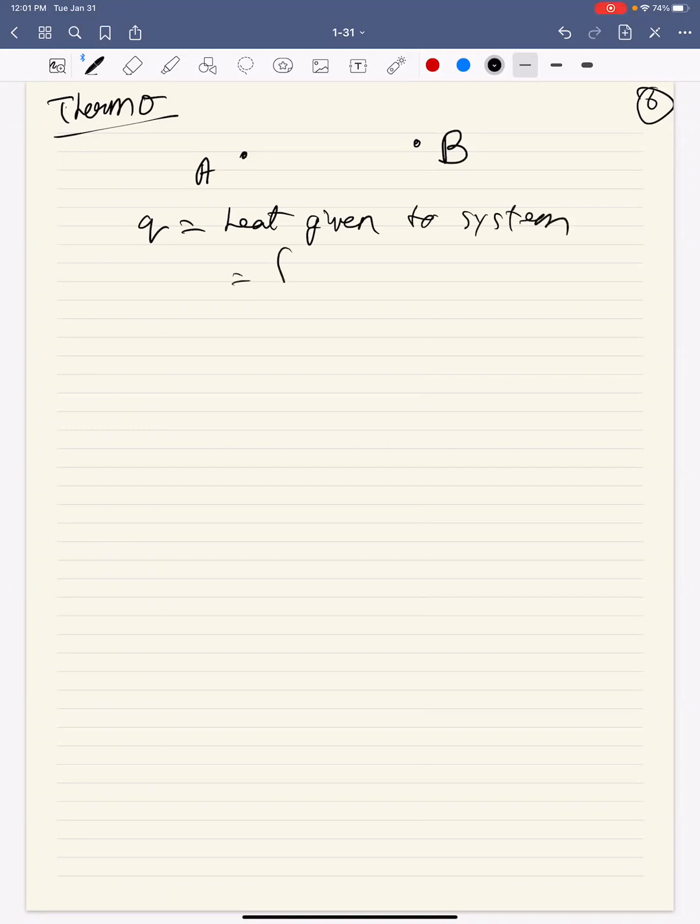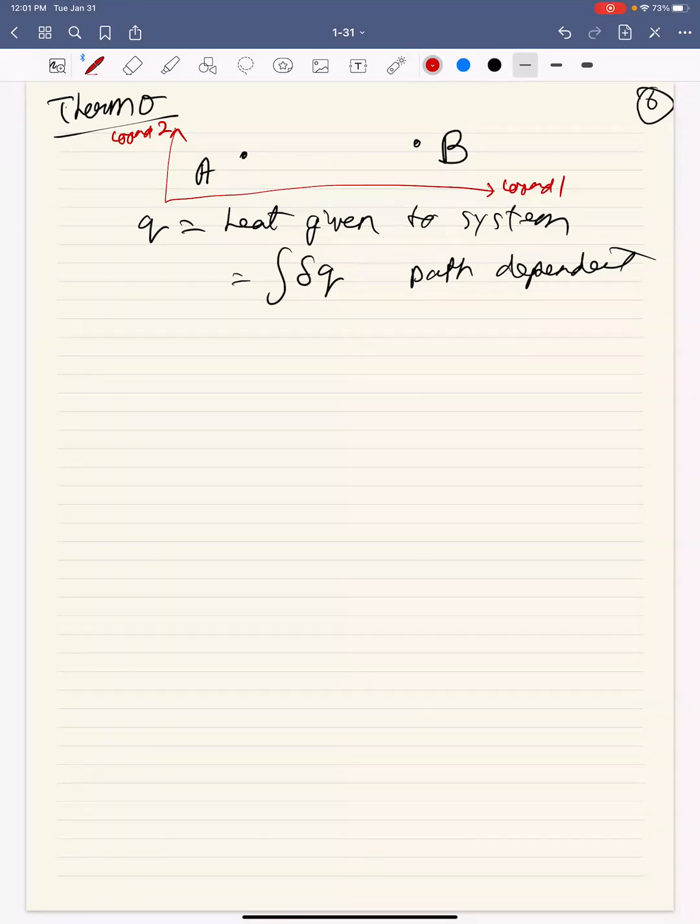So that's going to be the integral of delta Q, which is path dependent, right? You might go from A to B, and this is some abstract space, some coordinate 1 and some coordinate 2. I don't know what these coordinates are. They could be pressure, volume, temperature, whatever you want, some abstract space. And you have one path where you go from A to B. You have another path where you go from A to B. These paths are going to have different values of Q. The heat that it needs to take is going to depend on the path.